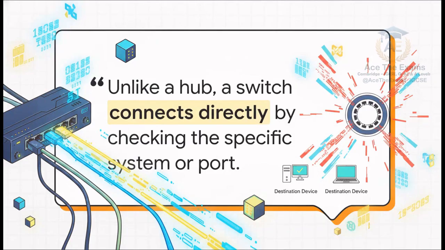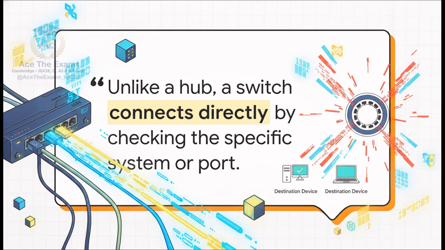Now, what's really interesting here is that this is where that hidden examiner clue finally clicks perfectly into place. Quote, unlike a hub, a switch connects the source and destination directly by checking the specific system or port. You see, a switch is actually intelligent. When a message comes in, the switch reads the data packet, checks exactly which port the destination device is plugged into, and then sends the data only to that specific port.